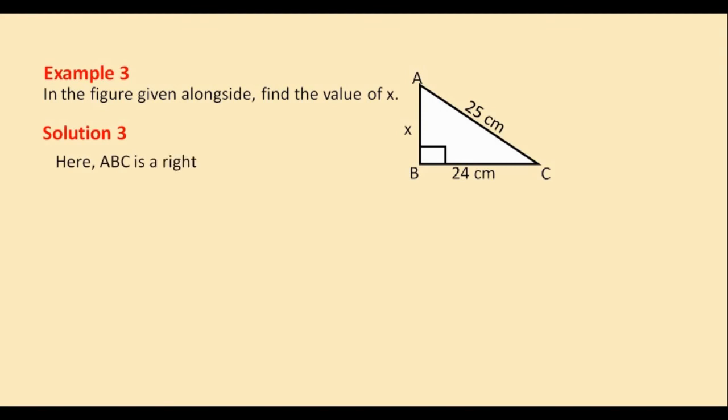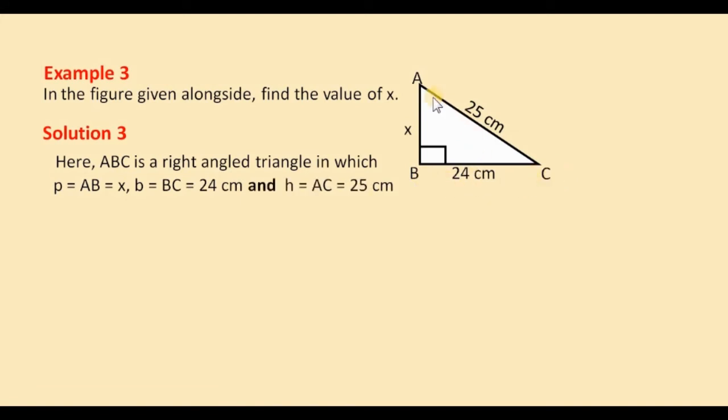Here ABC is a right angle triangle in which P perpendicular is AB, which is given as X, B base is BC, which is given as 24 centimeter, and H hypotenuse is AC, which is given as 25 centimeter.